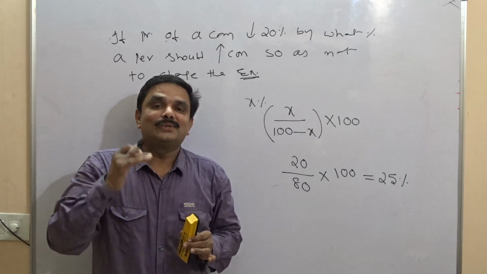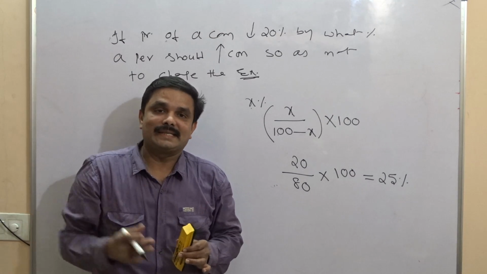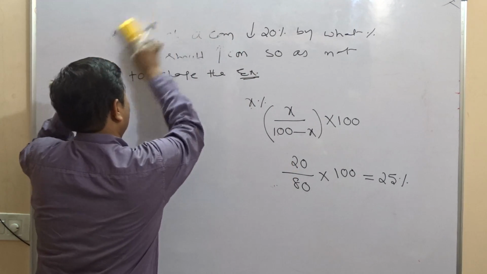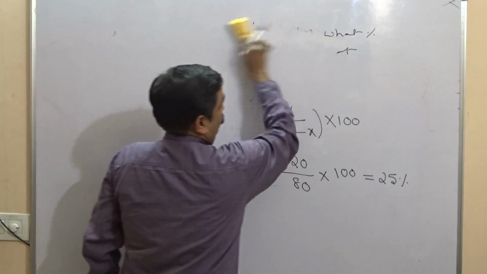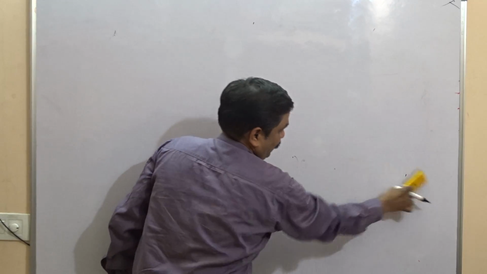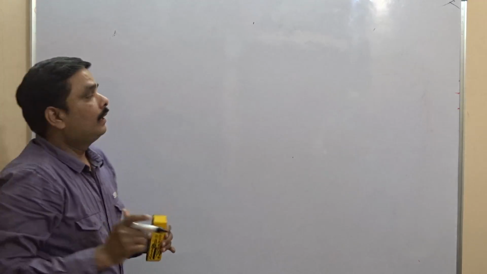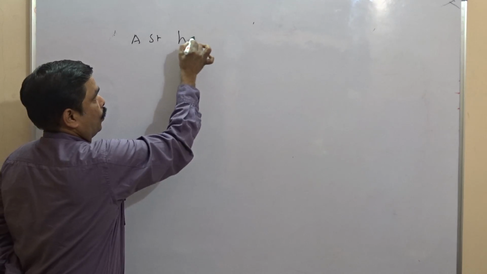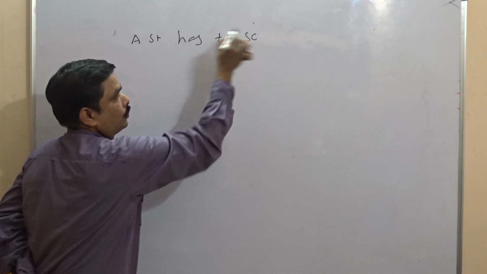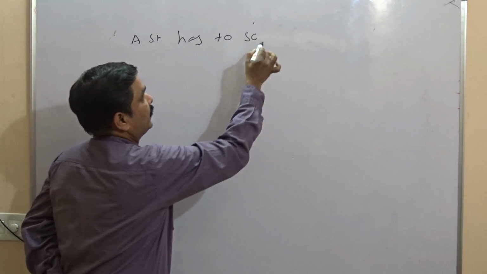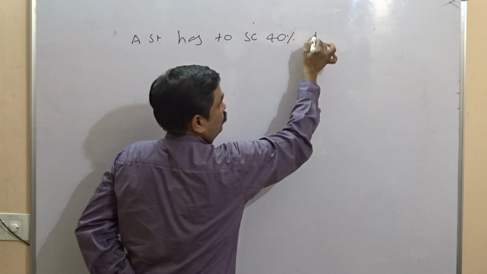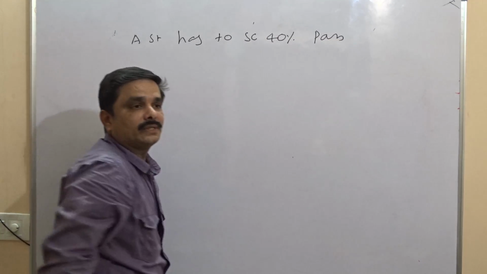So now let us go for another model in percentages. Next, very commonly asked questions in various competitive examinations, they will be giving in this way. Let us say a student has to score, let us say 40% of the total marks to pass an examination.